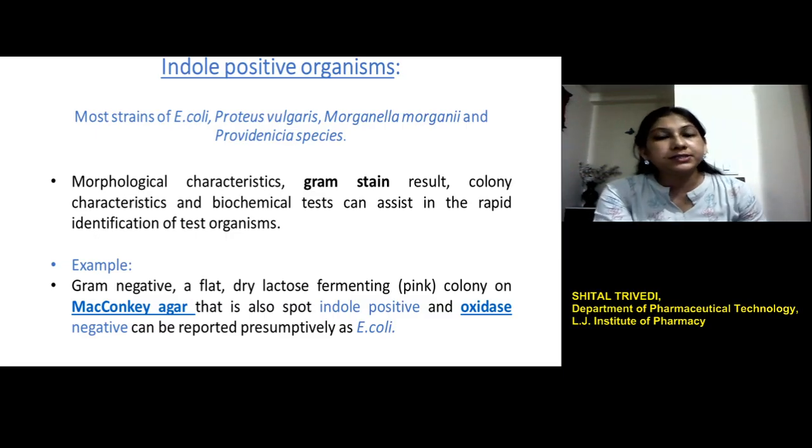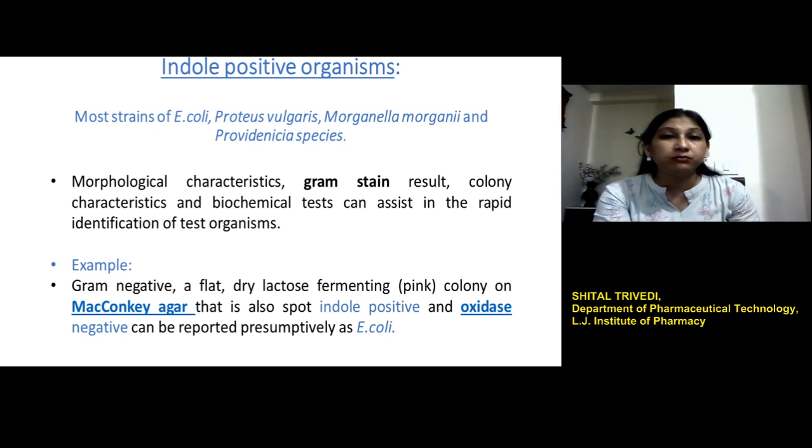Organisms like Escherichia coli and Proteus vulgaris have this tryptophanase enzyme and give a positive indole test, whereas Enterobacter species and Klebsiella species do not possess this enzyme and give a negative indole test.